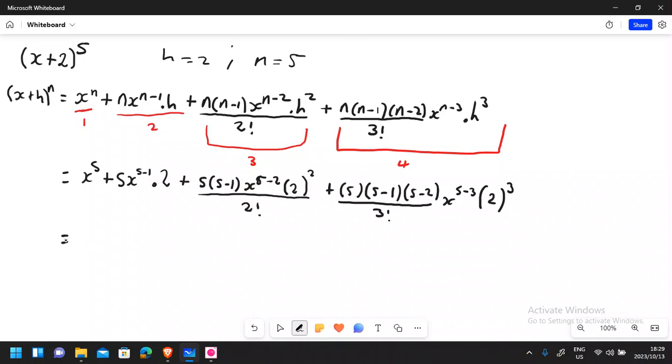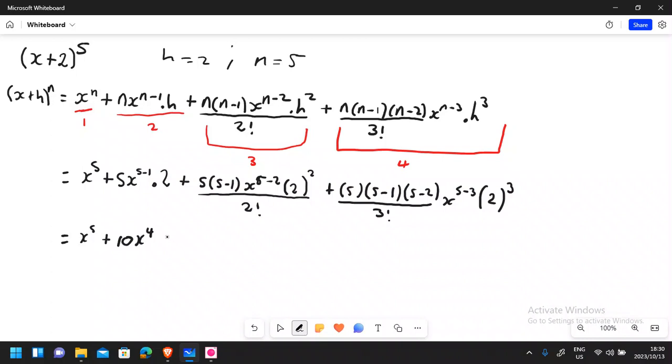So this one here is going to be x to the power of 5. We are good with this one, no problem at all. And then the second term also is not much of a problem. We'll be having 2 multiplied by 5, which is going to give us 10, and then that will be x to the power of 4.